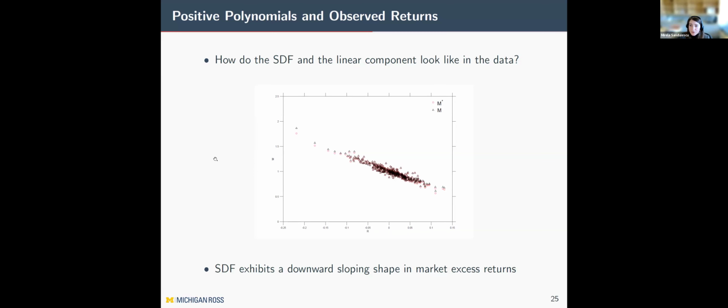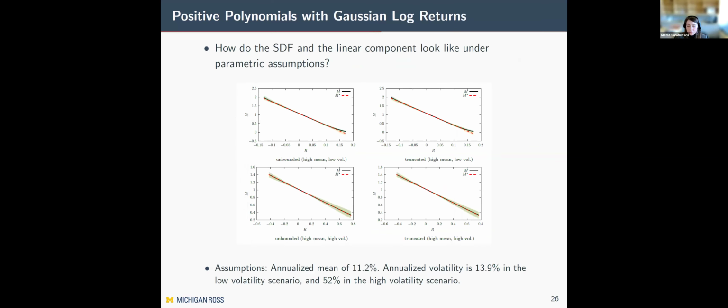You may be wondering how this was going to look like in some simulation in which we can assume some parametric specifications for the underlying return data. So we do this by focusing on Gaussian log returns, right? And I'm plotting here, like in the paper, we have more scenarios.